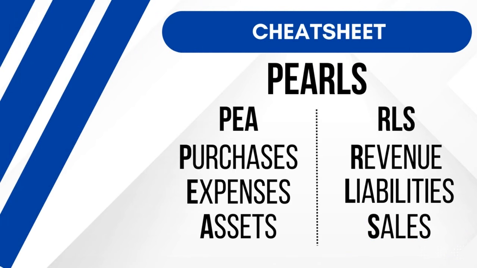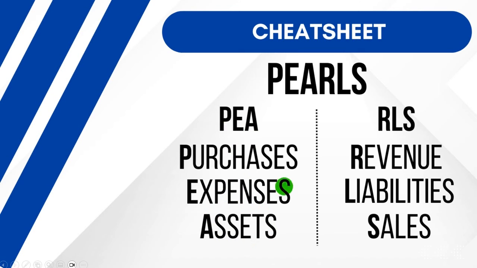This is your cheat sheet. This is the easiest way to learn double entry bookkeeping, and that is PEARLS. This PEARLS acronym: PEA are all debit entries. RLS are all credit entries. P is for purchases. E is for expenses. A is assets.